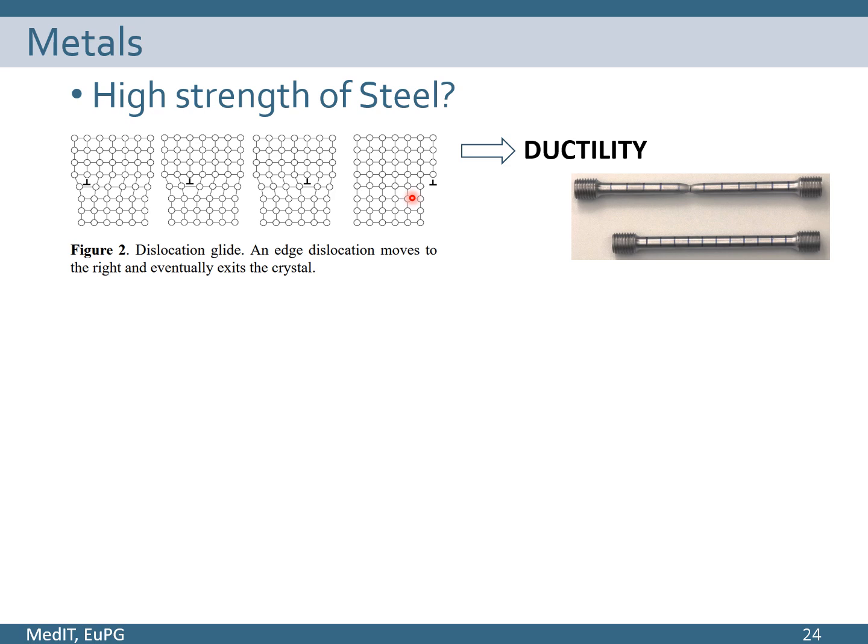By doing that, the crystal manages to rearrange itself, okay, to cope with the applied stress. That's what's happening actually. And that's the reason why it's quite easy to deform pure metals. Okay, because it's easy to make dislocations jump from one side to the next one.